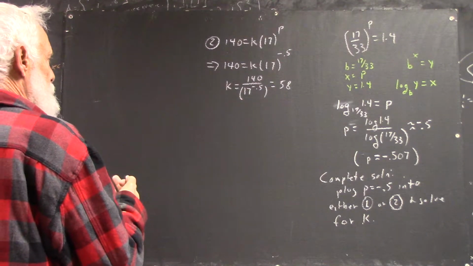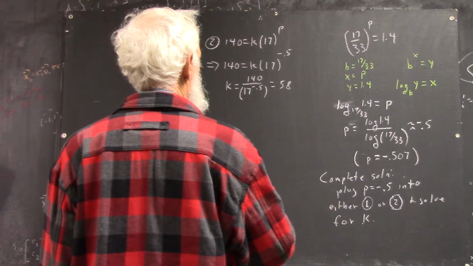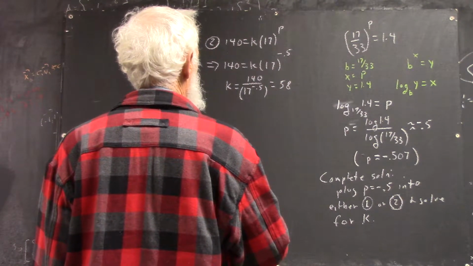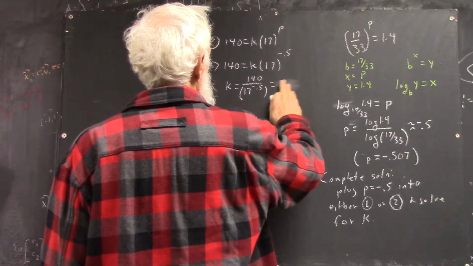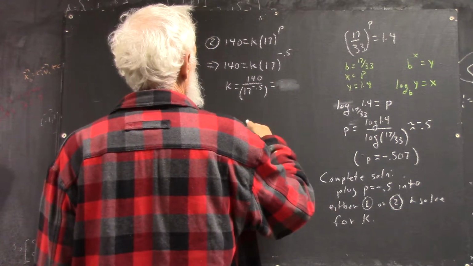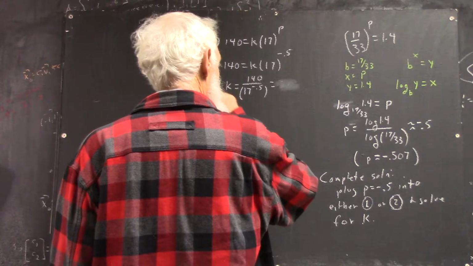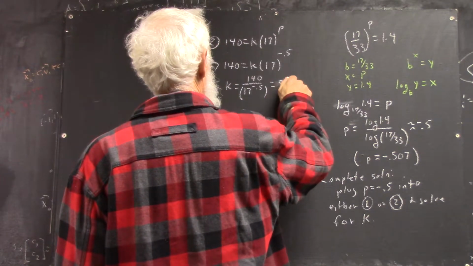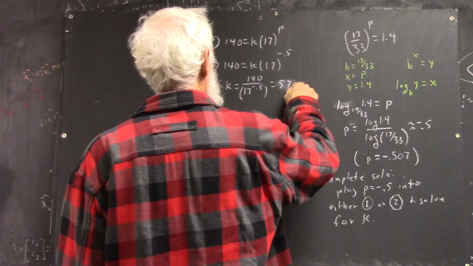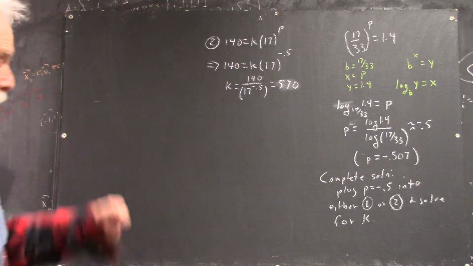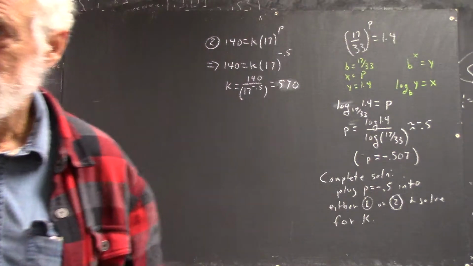So it's going to be, wait a minute. No, I was right about the 0.25. So I've got to multiply that by about 4. It's going to be about 570, 580. Okay? I think I did that right.